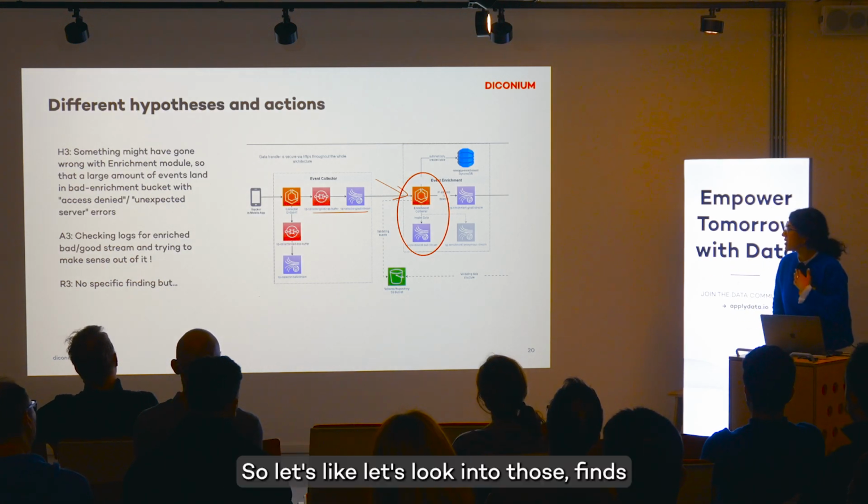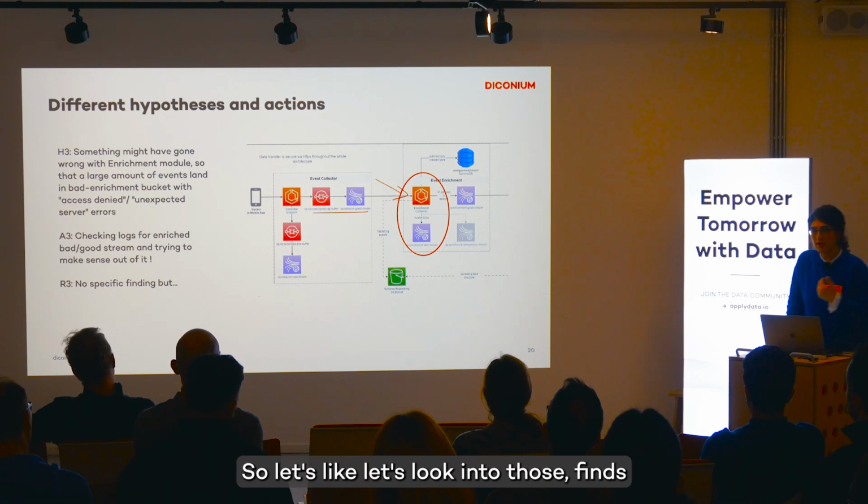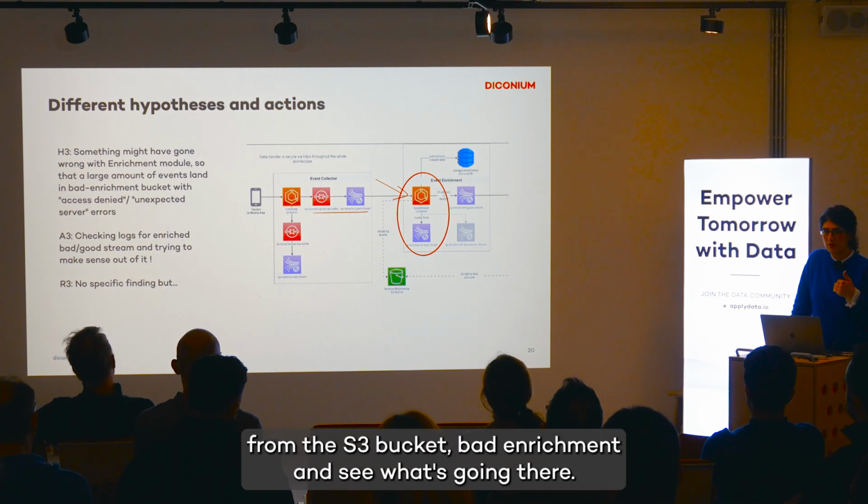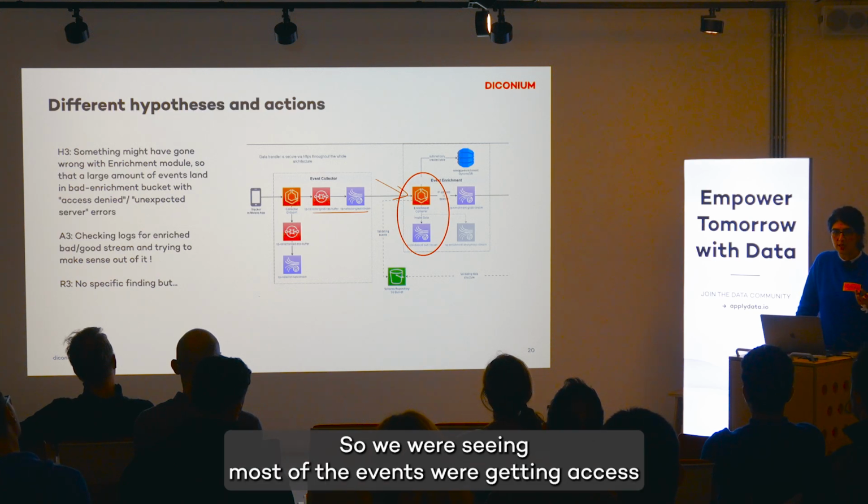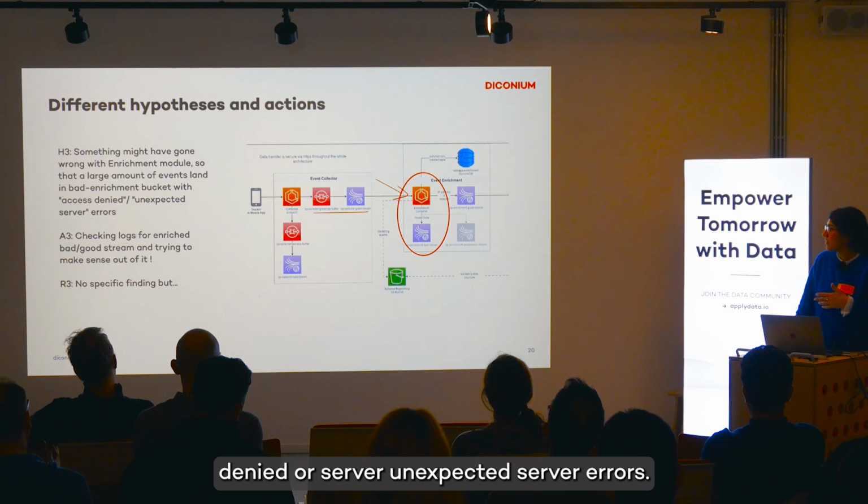So I said, let's look into those files from the S3 bucket, bad enrichment, and see what's going on there. We were seeing most of the events were getting access denied or unexpected server errors.